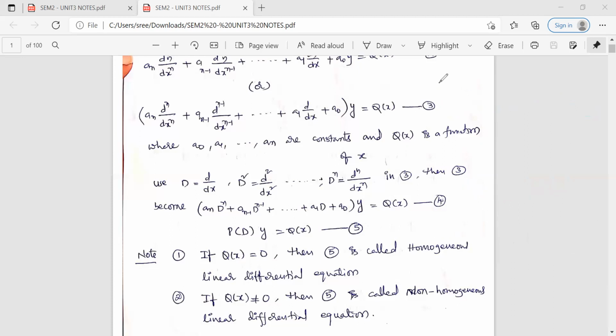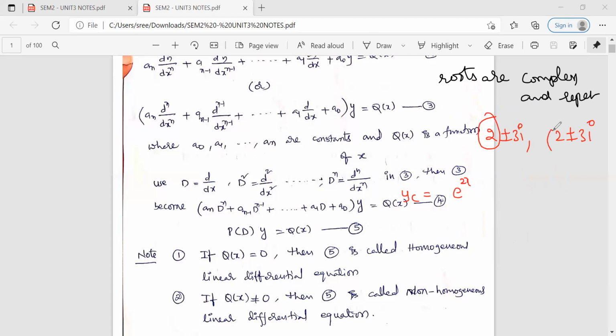Last one is roots are complex and repeat. Complex, that means, for example, the roots are 2 plus or minus 3i and again 2 plus or minus 3i. Then YC equals e power 2x.